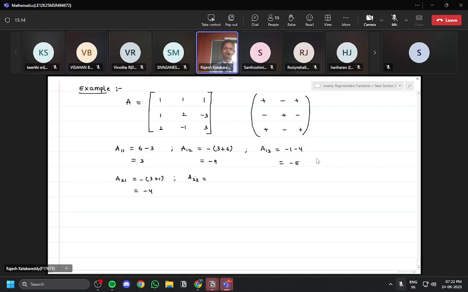A22: deleting second row and second column, 3 minus 2, 1 we will get. A23: deleting second row and third column, using minus, we have minus 1 and minus 2, which will be equal to 3.